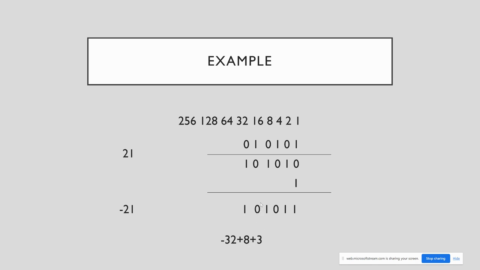I can't use the 16, it's the 0. Plus the 2 here, plus the 1, and that would give me minus 22. I put here 3, but what I mean here is 2 and 1. So 8 plus 3 is 11. 32 minus 11, we have 21.